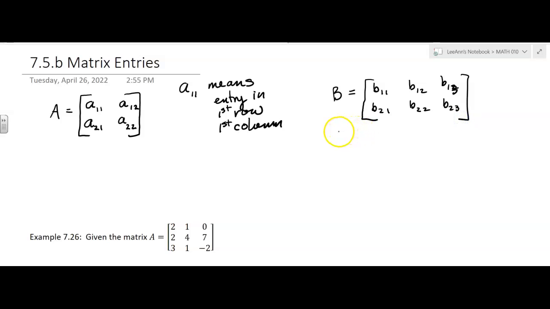This would be 2 rows by 3 columns, and then you could identify each of the elements. Notice that you have a lowercase b representing the entries for the B matrix. Okay, so this was a 2 by 2 matrix, and the other one was a 2 by 3 matrix.